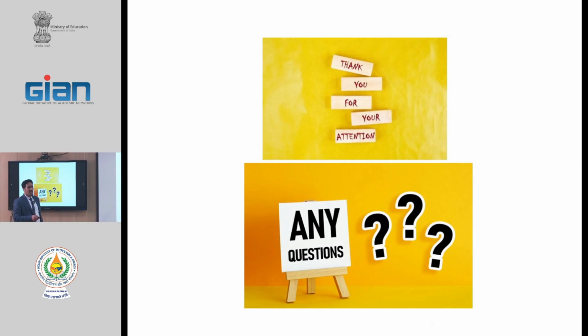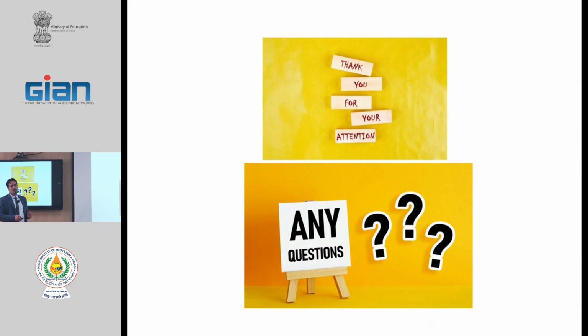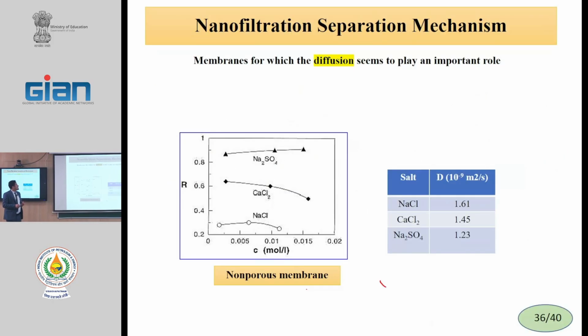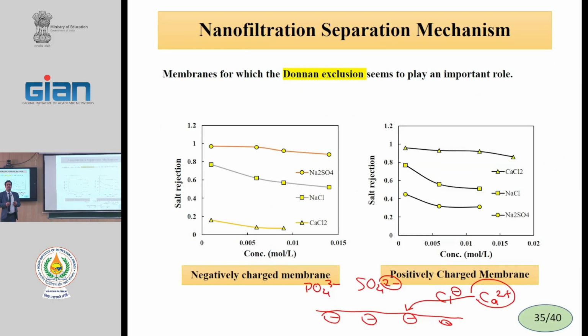About the Donnan exclusion, we can manage the charge of the membranes by selecting the polymers and functionality. Most polymers have negative charge, and this charge is also related to the pH. With a change of pH, the charge changes.